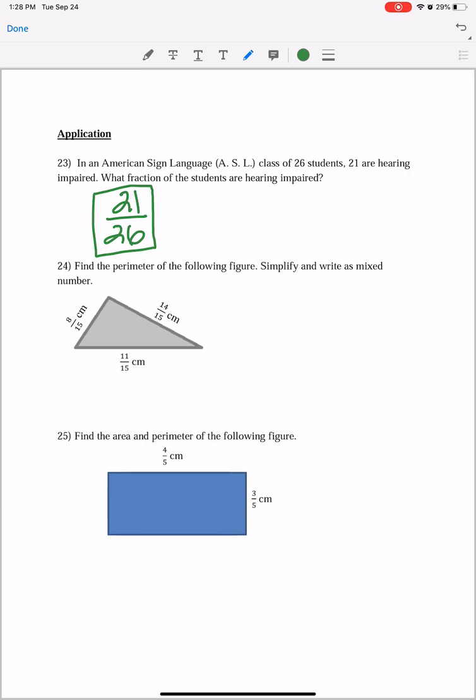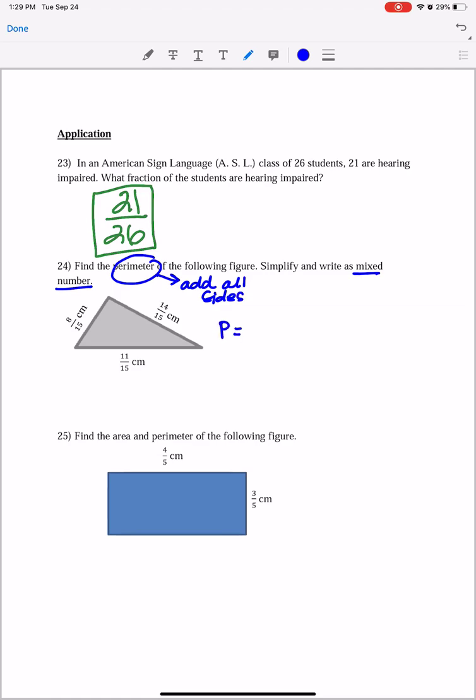On 24, we need to find the perimeter of the following figure. This one says to simplify and write as a mixed number. So this one we will have to convert if we get an improper fraction. So perimeter means add all your sides.